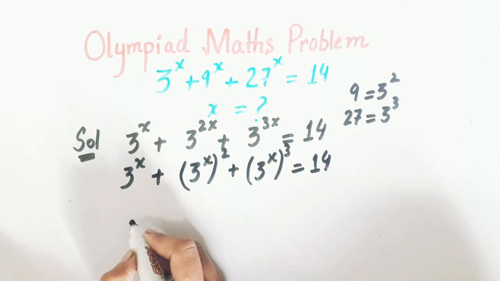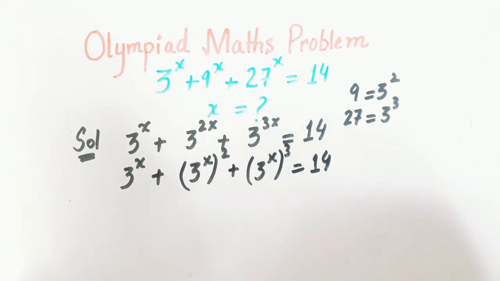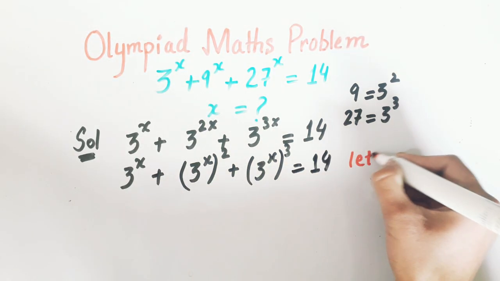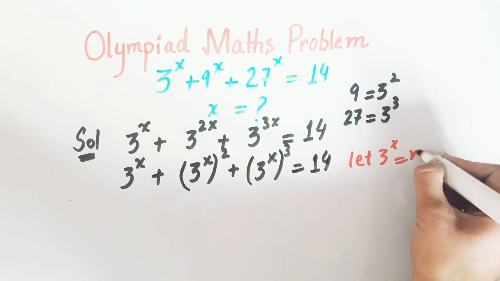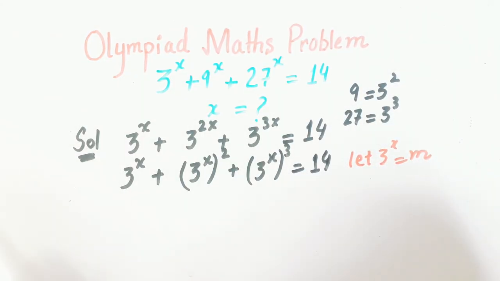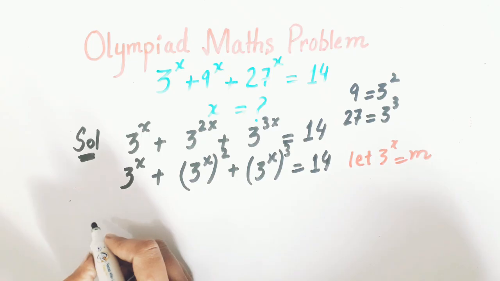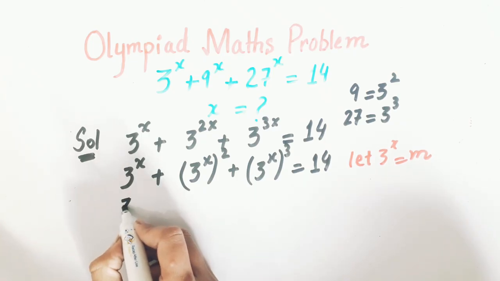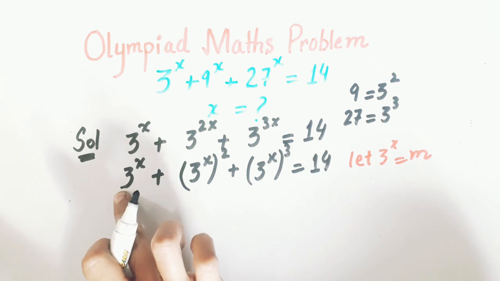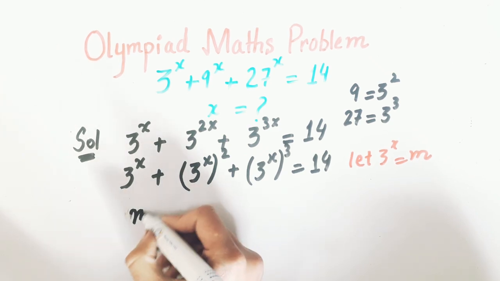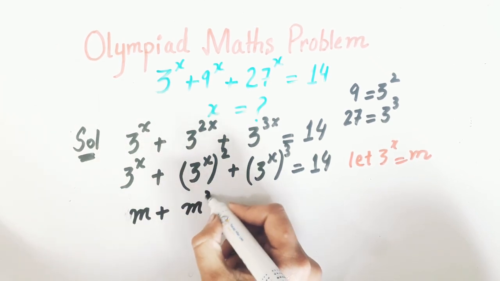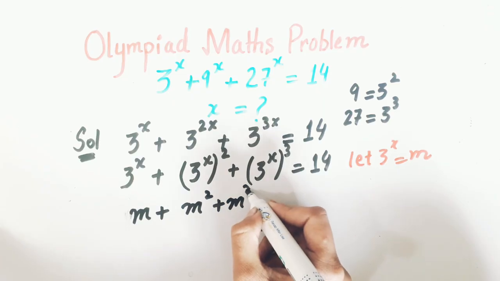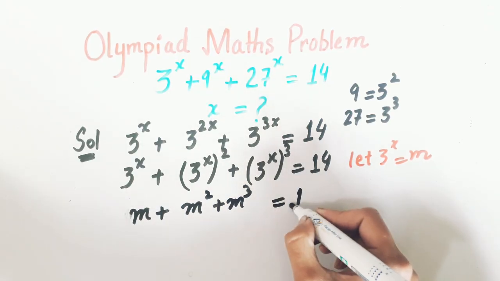Now in the next step, we will consider that 3 raised to power x equals m. Let's consider 3 raised to power x equals m. Now this will become, 3 raised to power x is m, so m plus m square plus m cube equals 14.